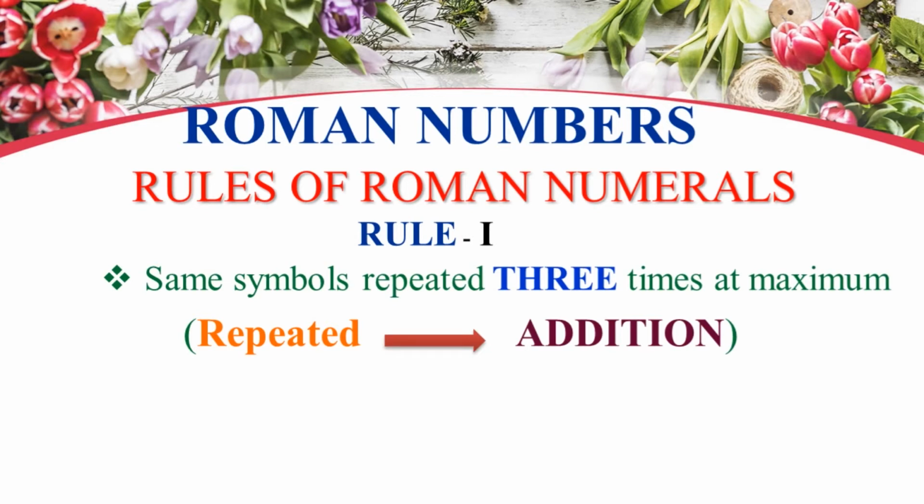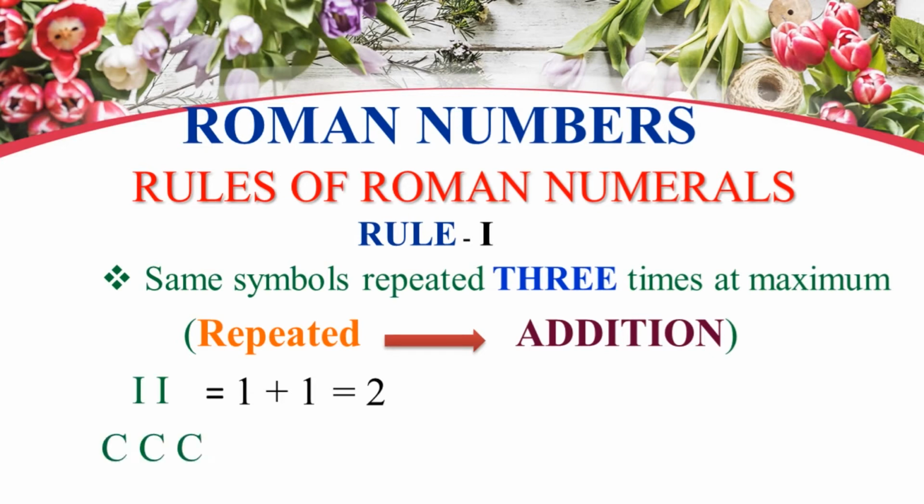Let us see some examples. II. Here I is repeated 2 times. The value of I is 1, so we add 1 two times. Therefore 1 plus 1 equals 2.